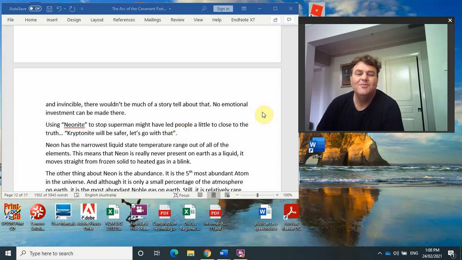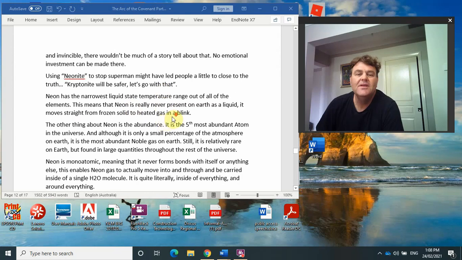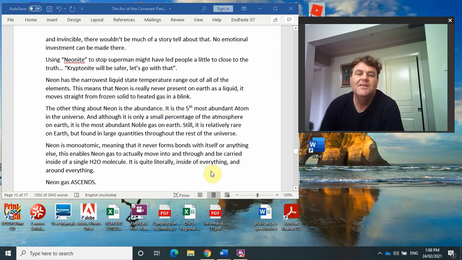Okay, so neon has the narrowest liquid state temperature range out of all of the elements. This means that neon is never really present on Earth as a liquid. It moves straight from a frozen solid state to a gas in essentially the blink of an eye.